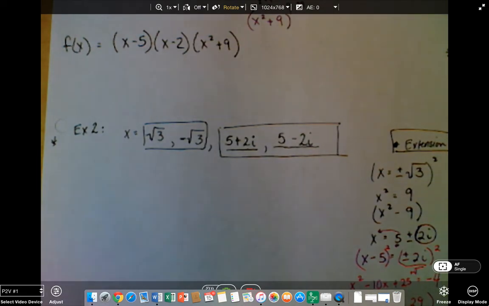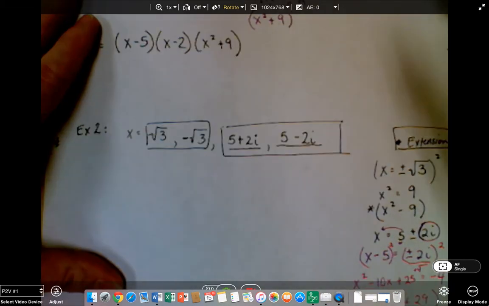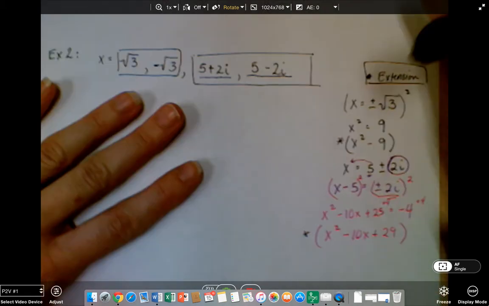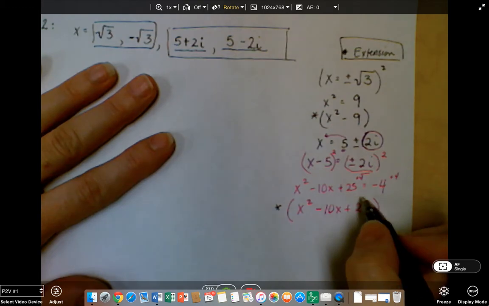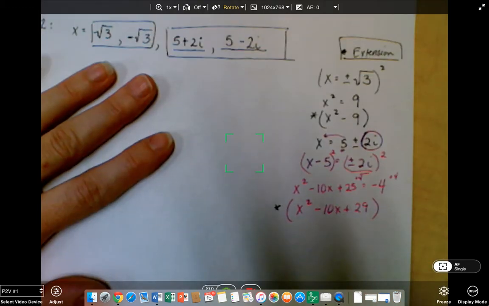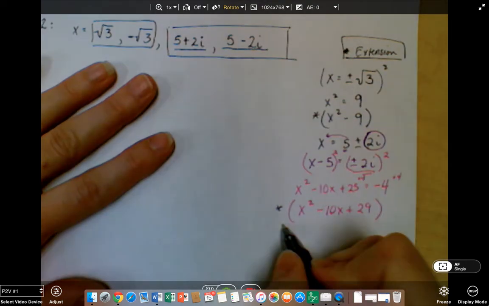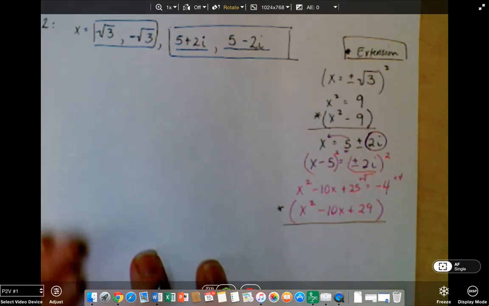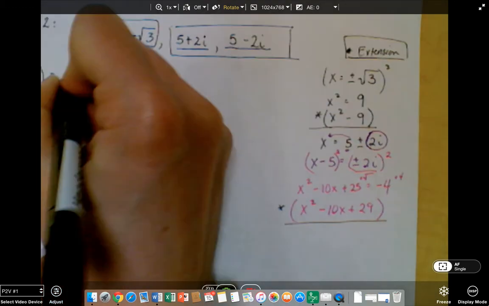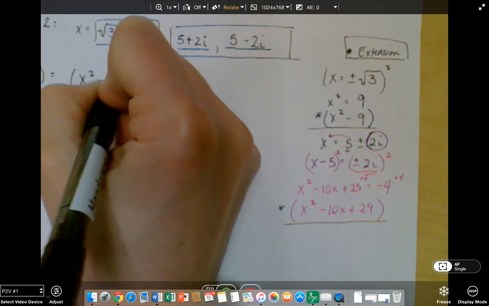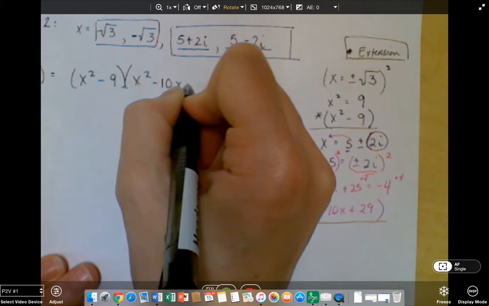So we have our two factors, and then we're going to write our function over here in factored form. f of x equals x squared minus 9 and x squared minus 10x plus 29.